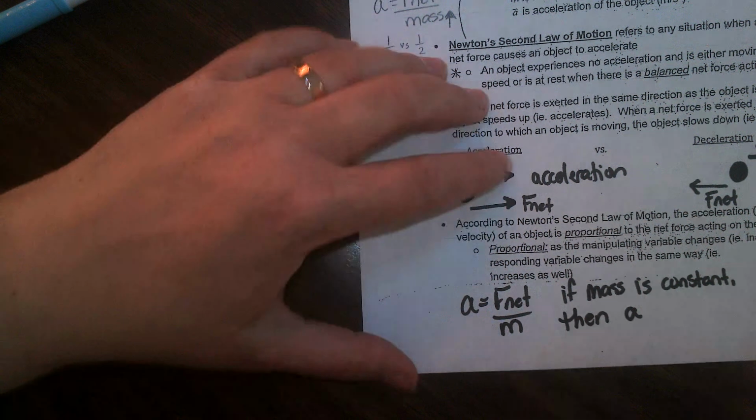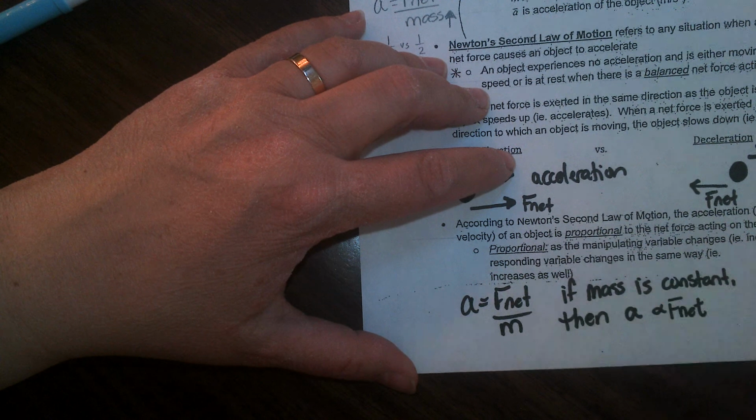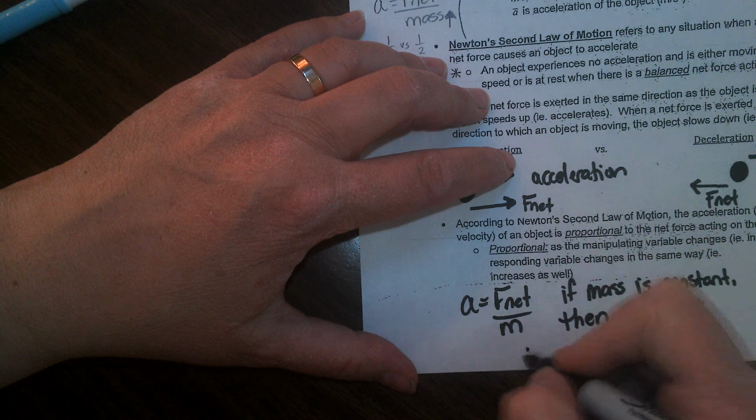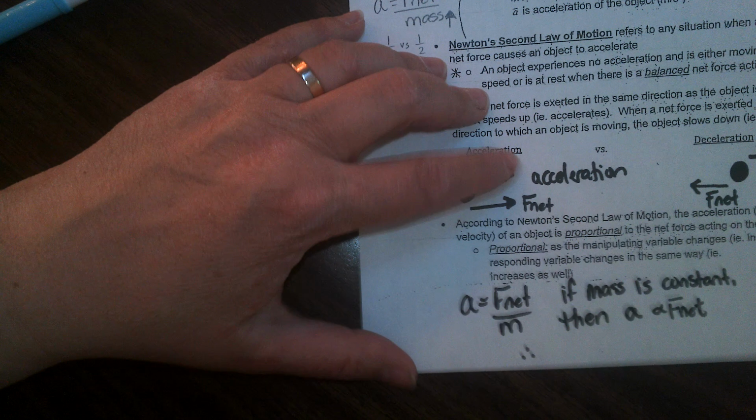It would be doubled. Then A is proportional to force net. Okay? And this little fish symbol means proportional. So then what we can say, those 3 little dots, that's shorthand for therefore.